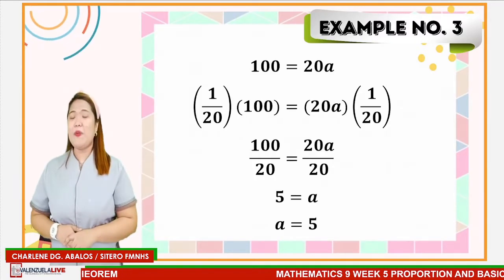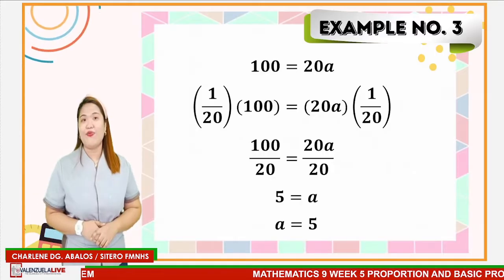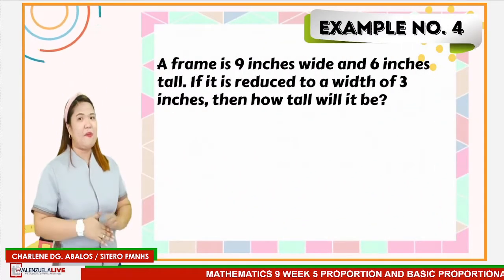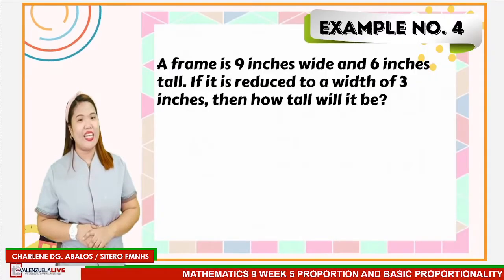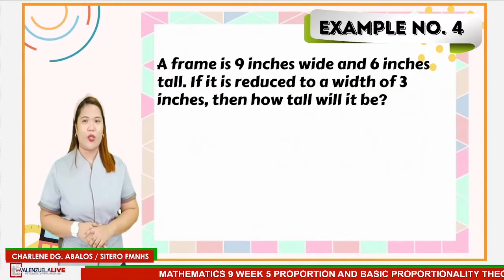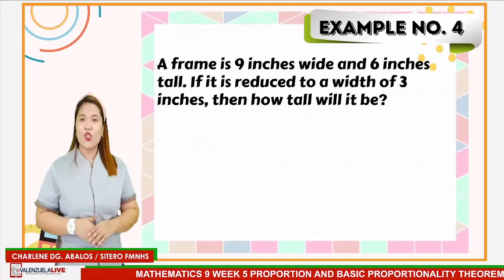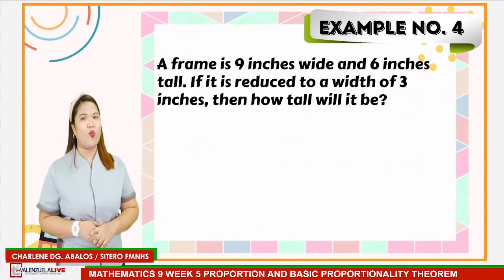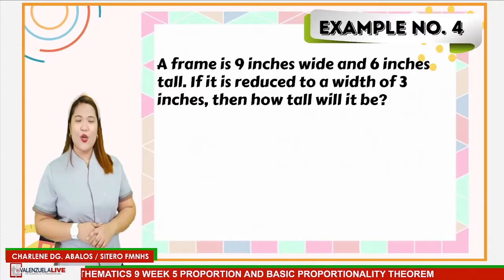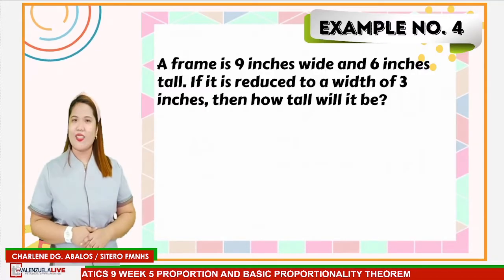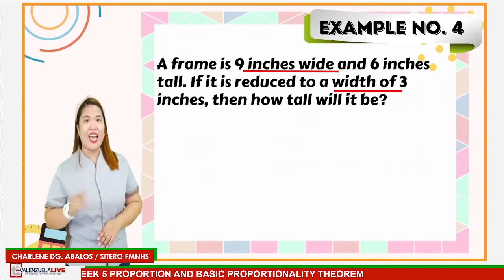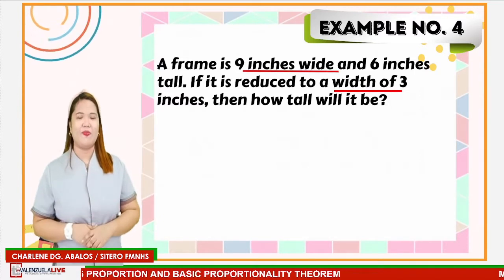Alright, how about if we have this kind of problem? A frame is 9 inches wide and 6 inches tall. If it is reduced to a width of 3 inches, then how tall will it be? So what are the two quantities present? Yes, we have the width and the height.